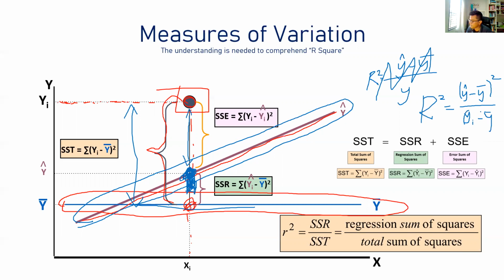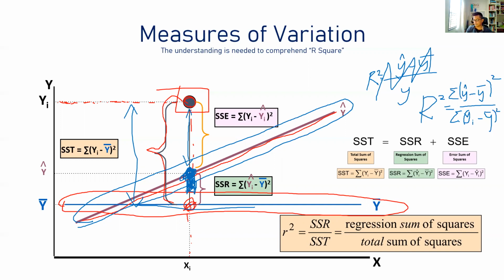So it measures the prediction improvement of the regression value compared to if I use predictions using the mean value only.